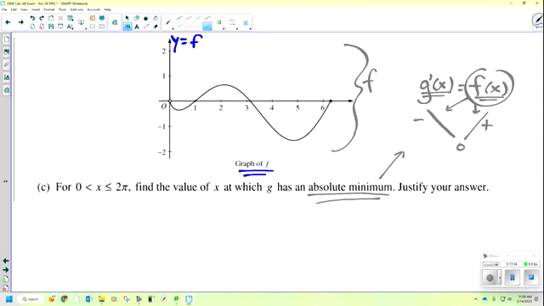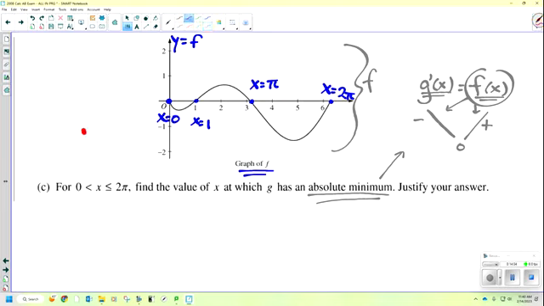And if we think back on the 4b, we established that this is where x equals 0. This is where x equals 1. This 0 is where x equals pi. And this 0 is where x equals 2 pi. All right? So, ready? Here we go.